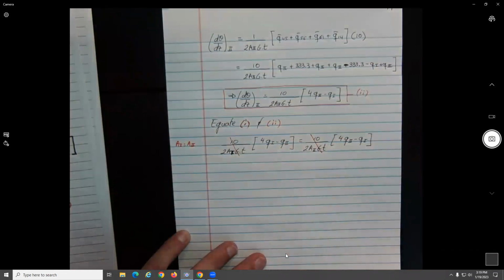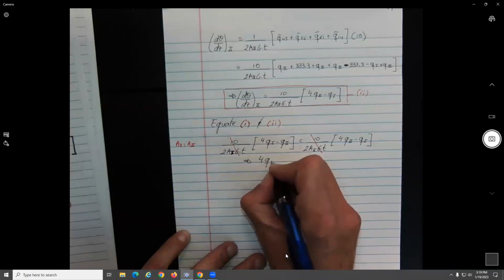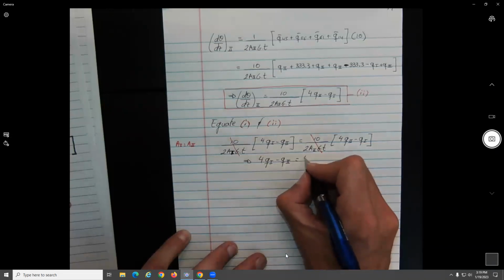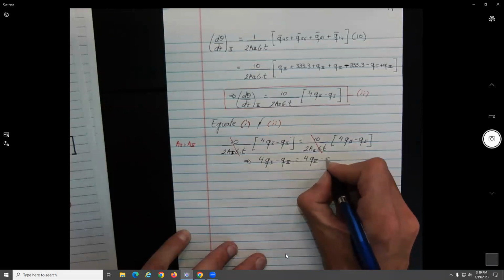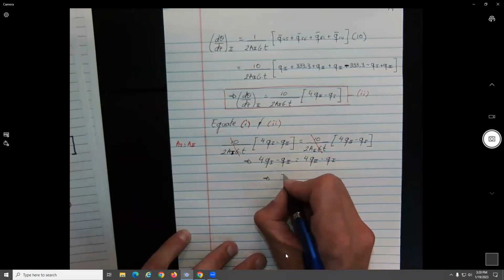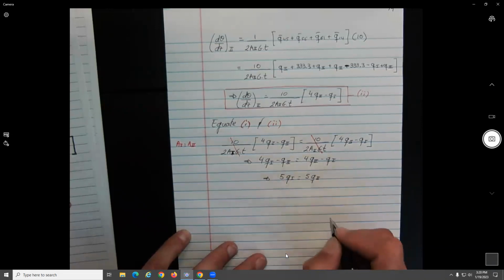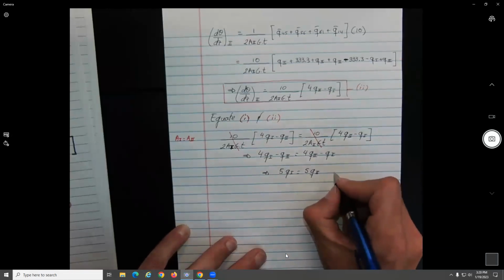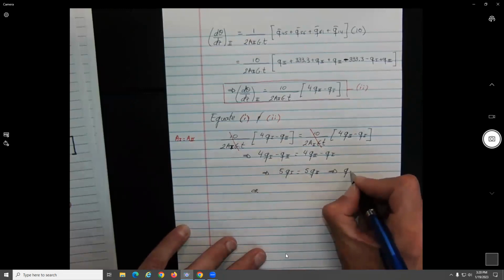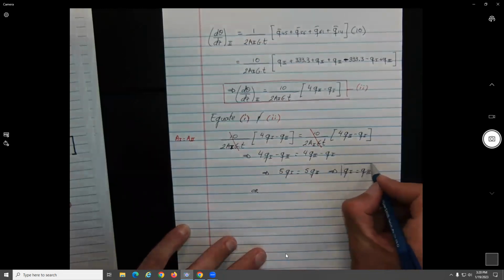They cancel each other, which means at the end that we have 4 Q1 minus Q2 equal to 4 Q sub 2 minus Q1, which gives 5 Q1 equals 5 Q2, or basically Q1 equals Q2, which is what we were expecting.